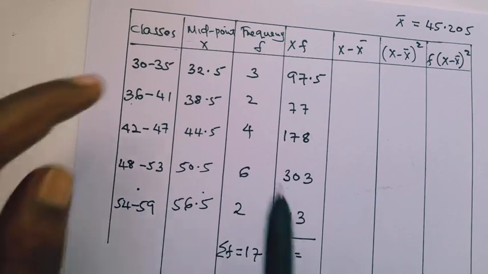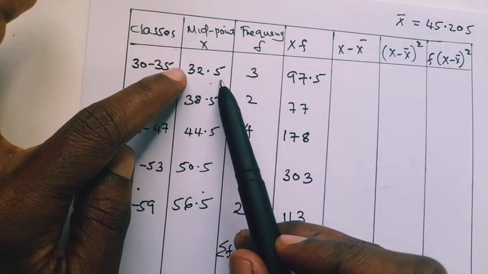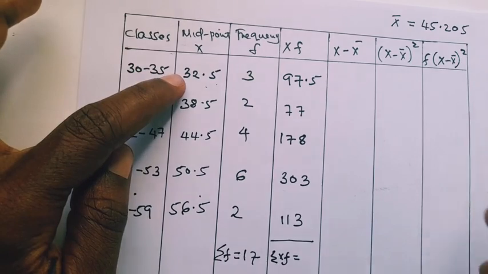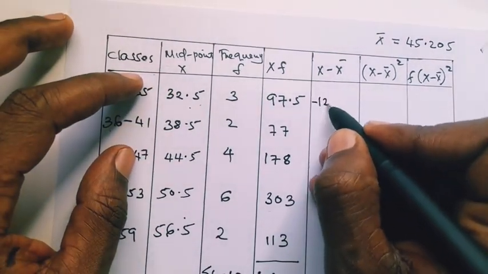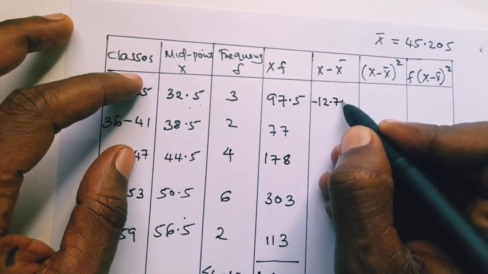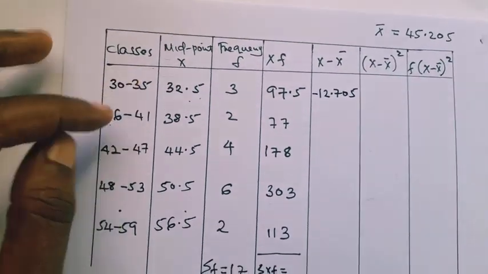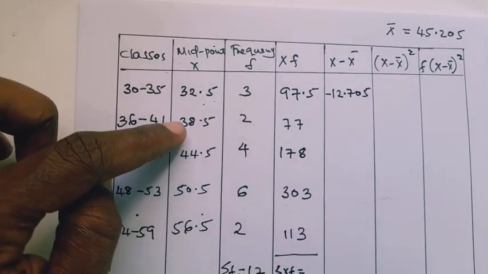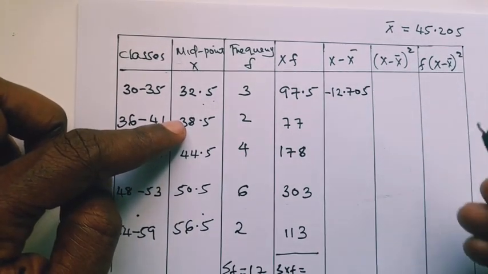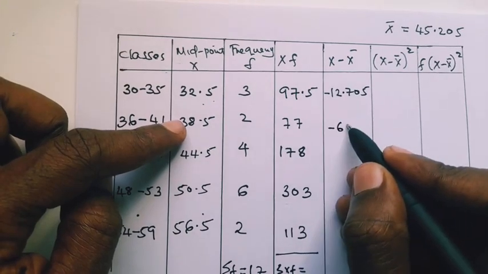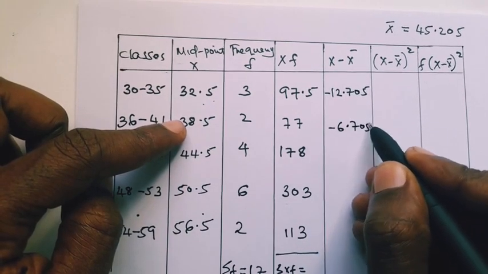So first is x, that 2.5 minus 45.205, and the answer here is negative 12.705. Next is 8.5 minus 45.205, and the answer we get is negative 6.705.